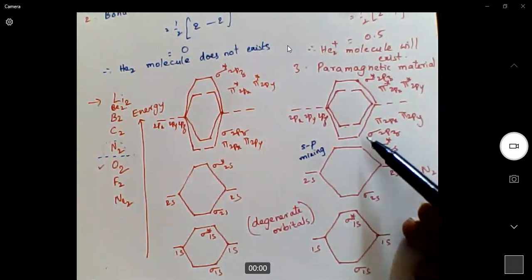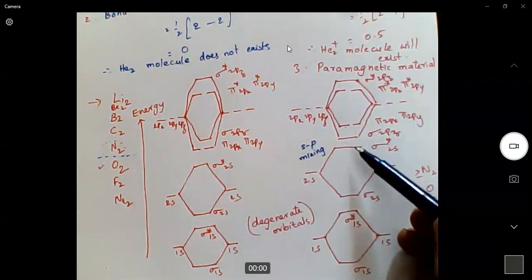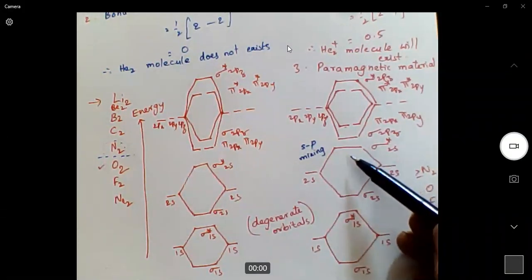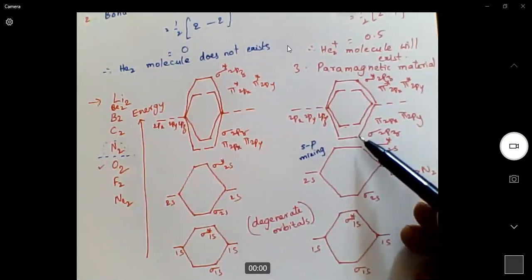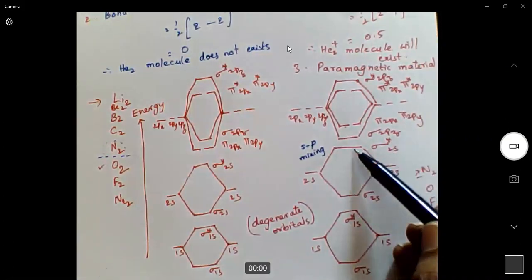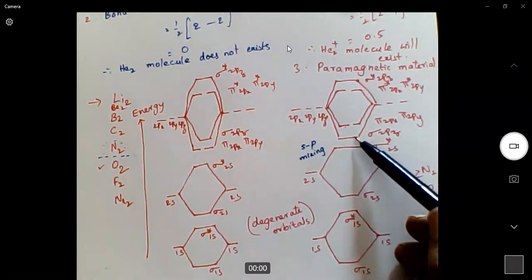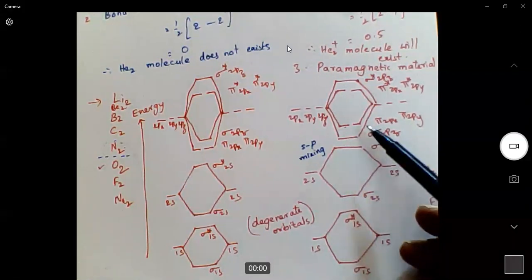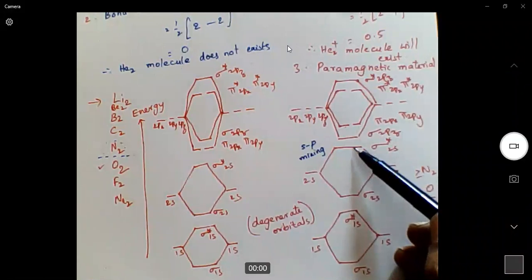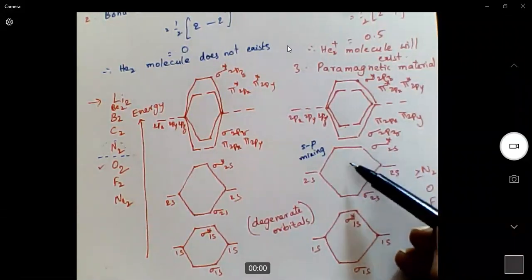So when they undergo mixing, what will happen? That generates one stabilized orbital, one destabilized orbital. Sigma star 2s has less energy, so it will undergo stabilization. Sigma 2pz orbital has higher energy, so it will undergo destabilization. Because it is undergoing stabilization, its energy will further decrease.